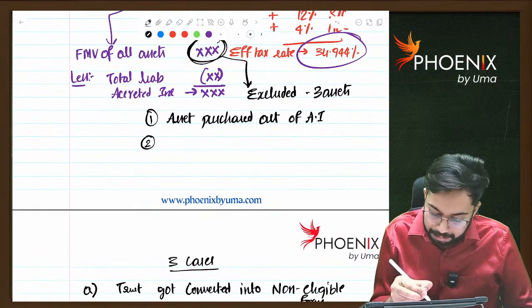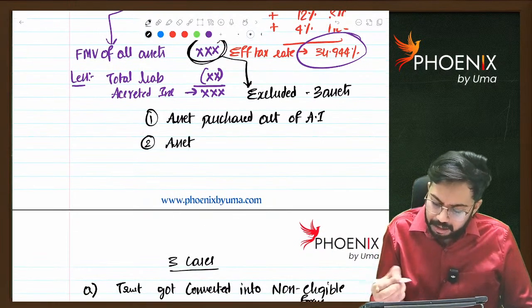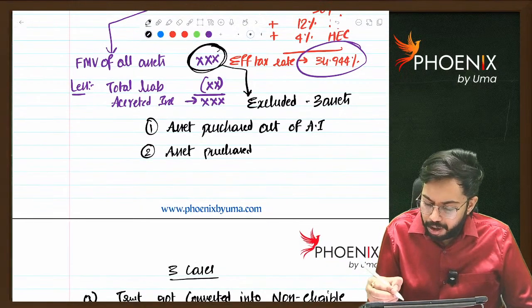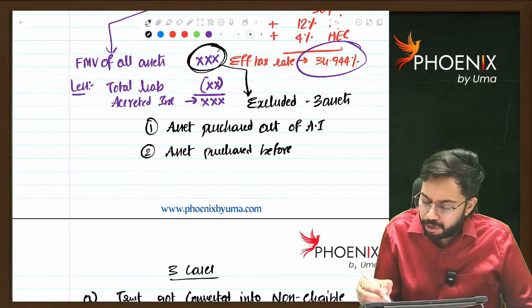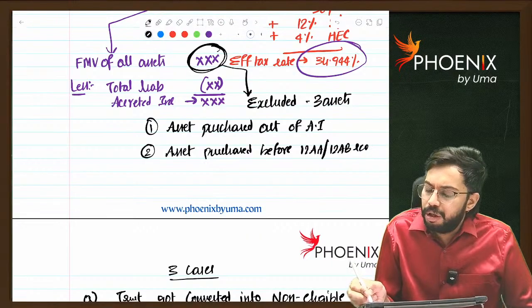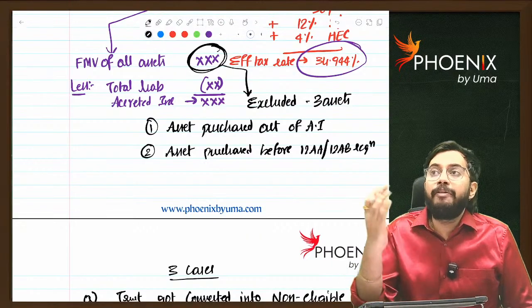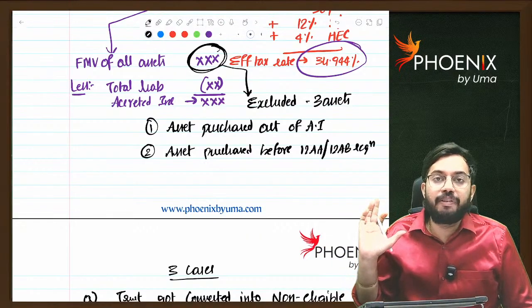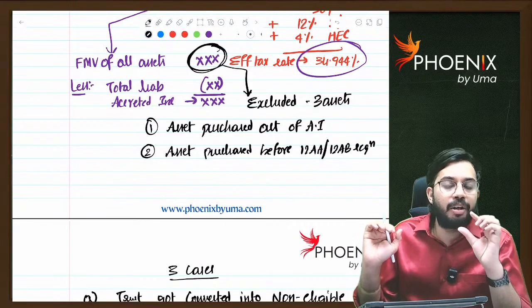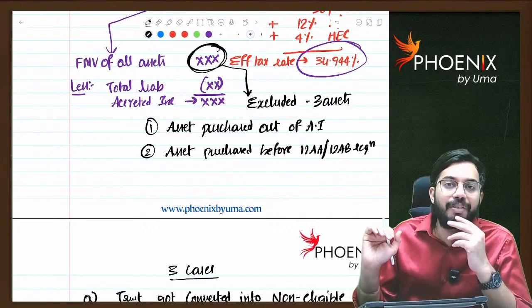Next, second, asset purchased before 12AA or 12AB registration. So if you purchase any asset before obtaining registration under section 12AA or 12AB, see, only if you obtain registration under 12AA or 12AB, then only you will get 11 and 12 exemption.